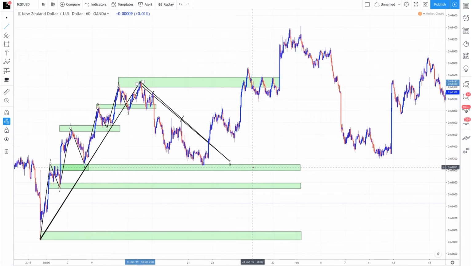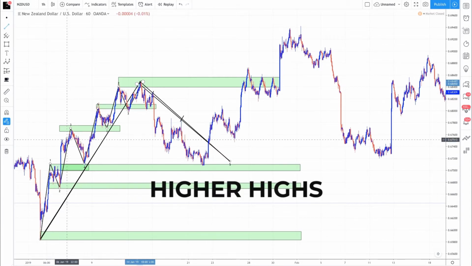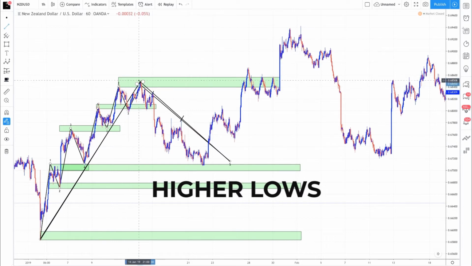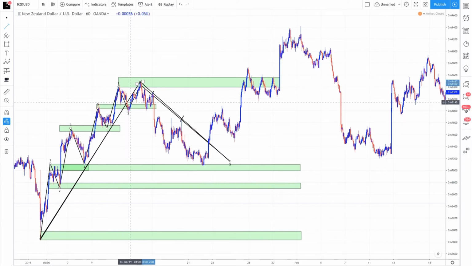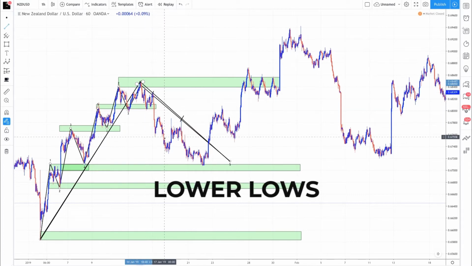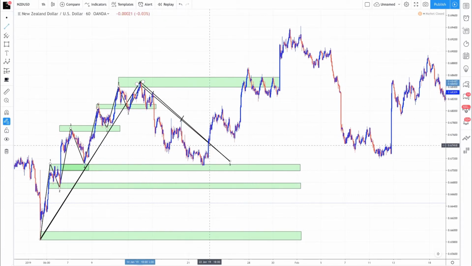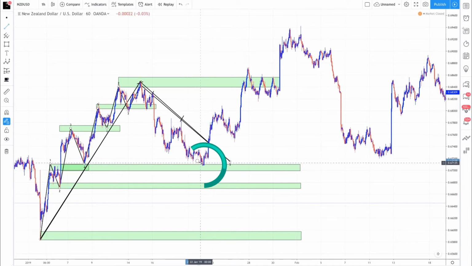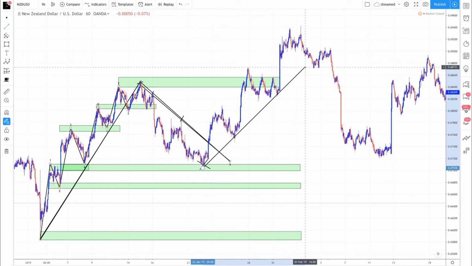So I'll walk you through about 2 more examples, and then we'll get ready to wrap up this video. As we can clearly see, price is creating higher highs and higher lows, resuming in this uptrend formation above the trend line. Then price is creating lower highs and lower lows, staying below this trend line, resuming a downtrend formation, until ultimately price runs into a support it's not able to break, and then price starts a new uptrending formation.